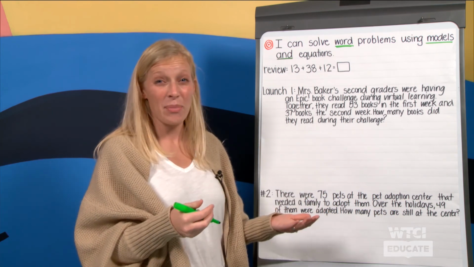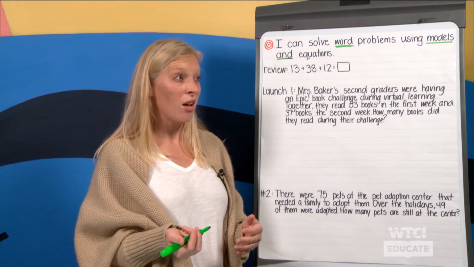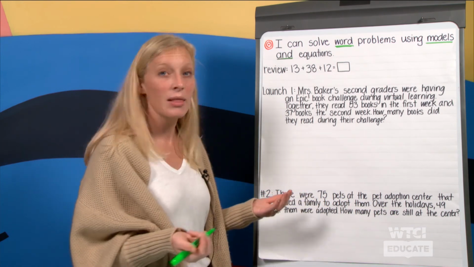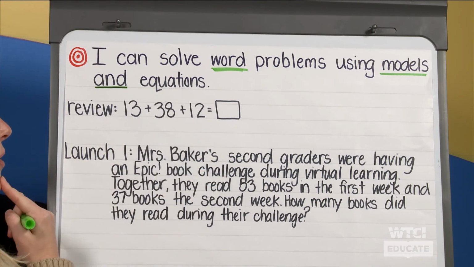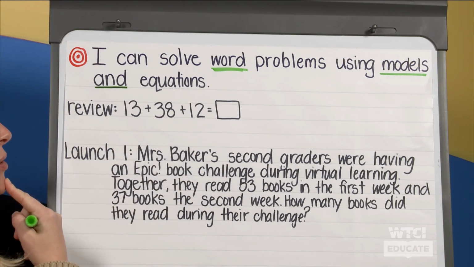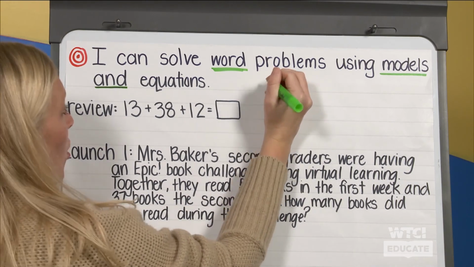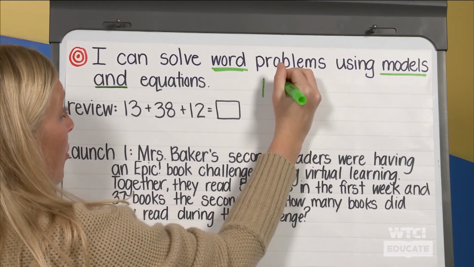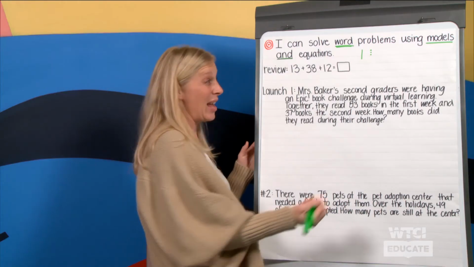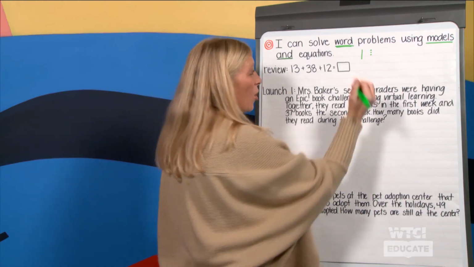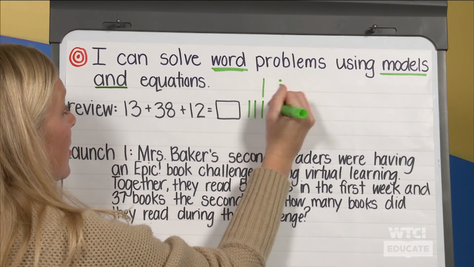My way might not be your way. You might have even solved it in more than one way. Let's take a peek. 13 plus 38 plus 12. How can I represent that 13? With a 10 and 3 1s. The number 38, I'm going to represent or show with 3 10s and 8 1s.